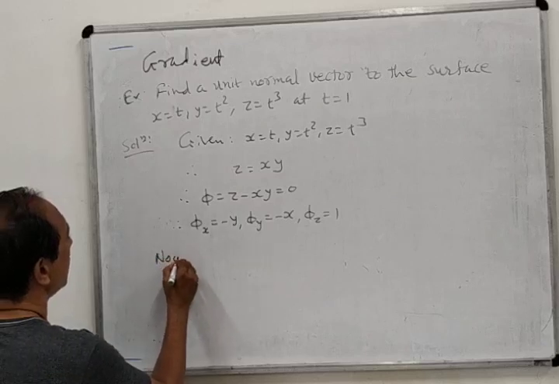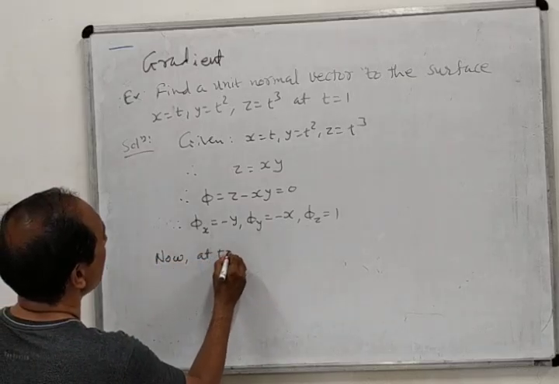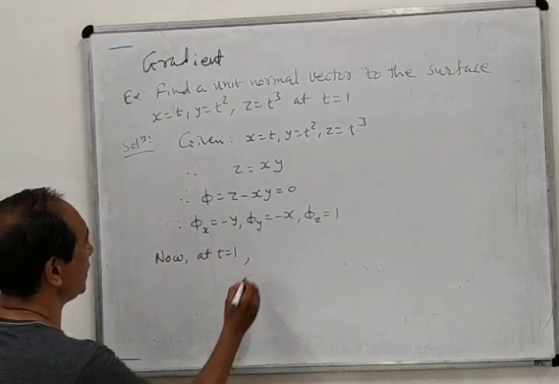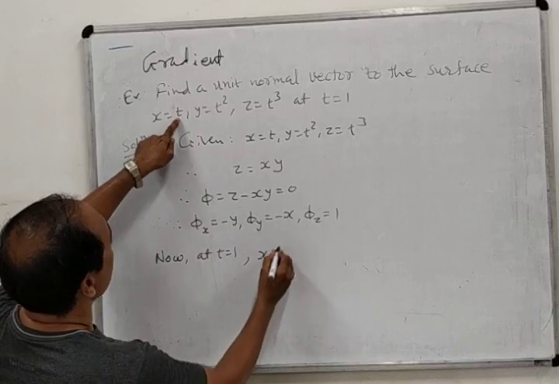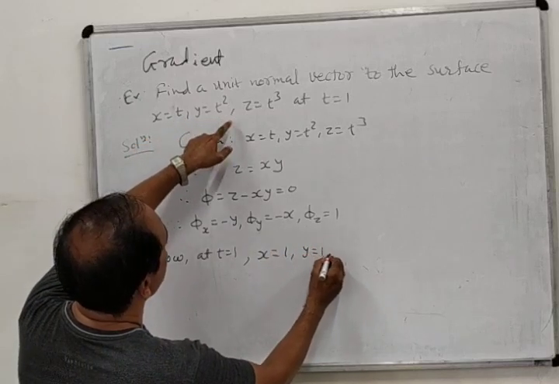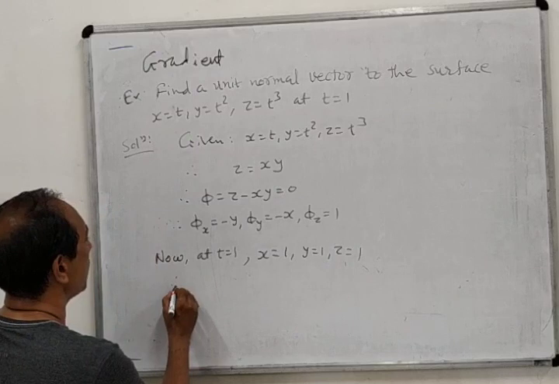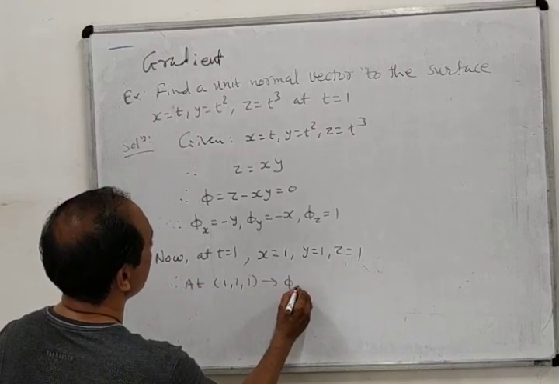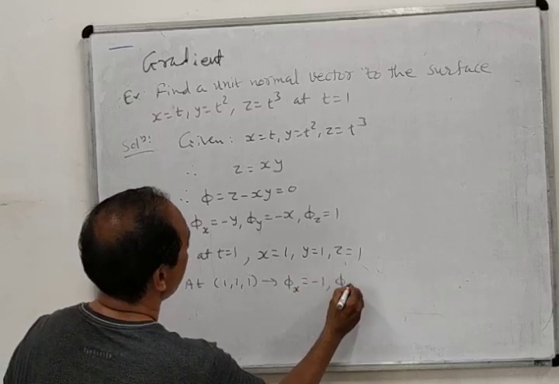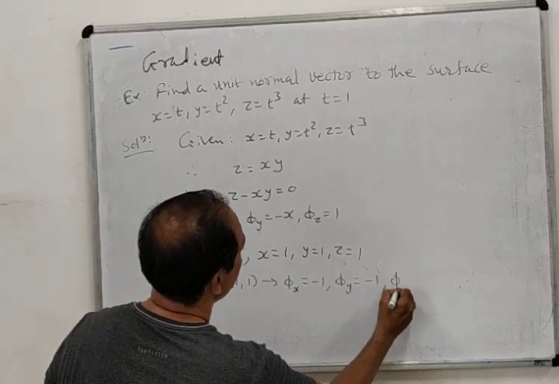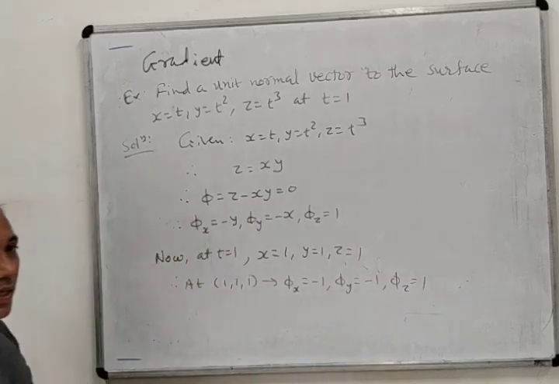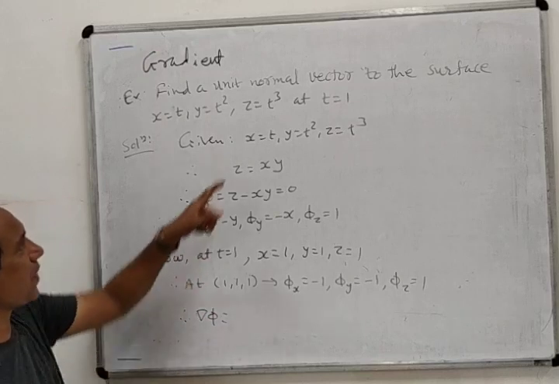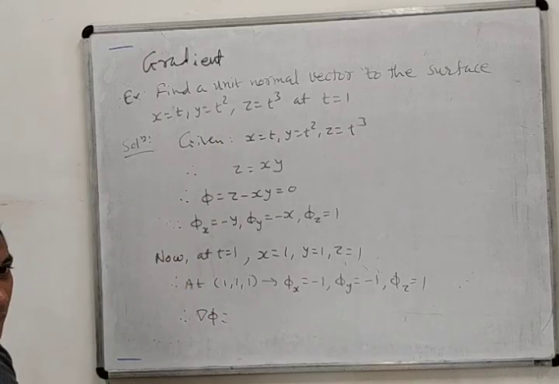At t equal to 1, we are given the value of t, but not the values of x, y, and z. But we can obtain them. x is 1, y is 1, z is also 1. Therefore at the point (1, 1, 1), we have phi x equal to minus 1, phi y equal to minus 1, and phi z equal to 1. Our target is to find the normal vector, and the normal vector is nothing but the gradient.